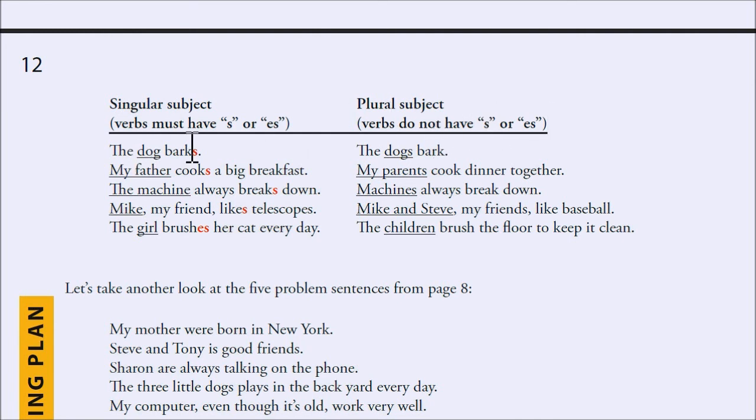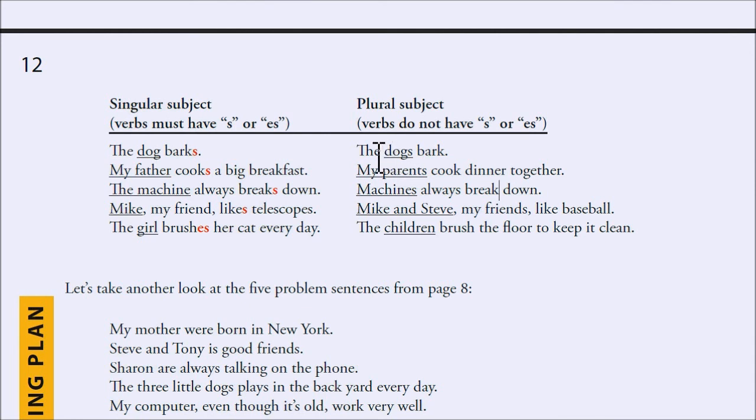The dog barks, but the dogs bark. The machine breaks down, machines break down. If it's a plural subject, there is no S at the end of the verb. It's sort of weird, like the verb is the opposite of the subject, in that if the subject has an S, the verb doesn't.